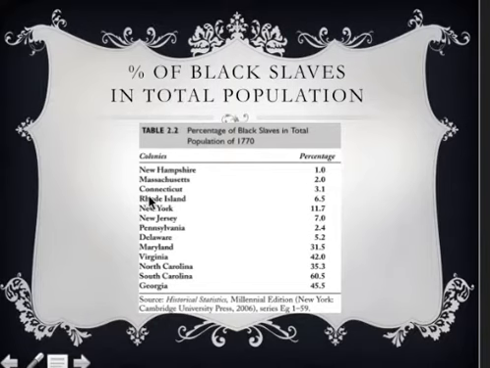And as you can see, if we go into the middle colonies, New York, New Jersey, Pennsylvania, relatively it's more important in the middle colonies than in New England, but it still does not match the importance of the South. And what's the difference here?